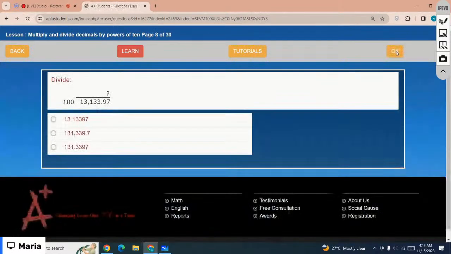Okay, the next one is 13,133.97 divided by 100. Which is the correct option?